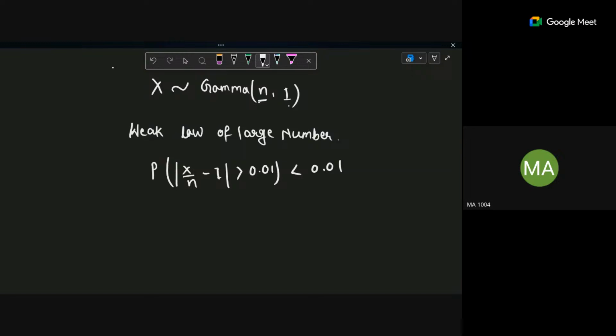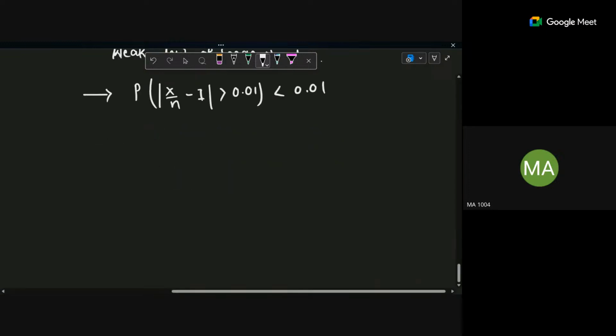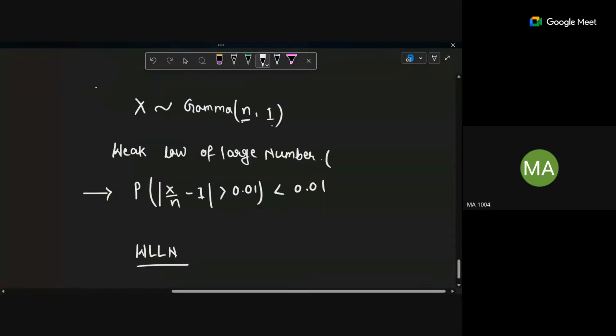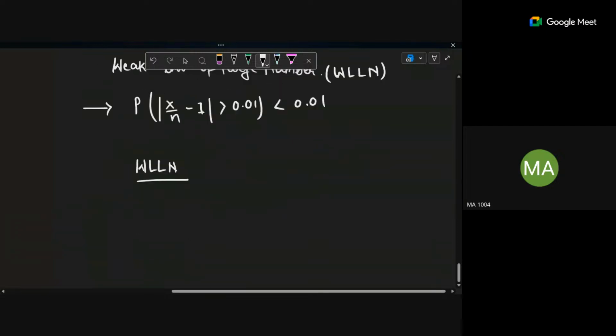So here, from this also we can have nu as 1 and see the weak law of large number. If I write it as WLLN, it's the weak law of large number. What does it say?